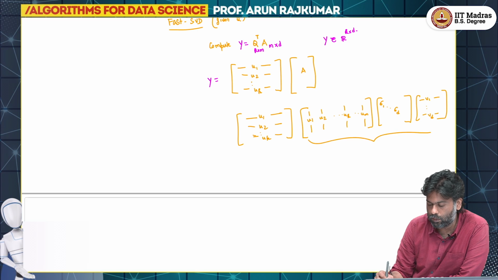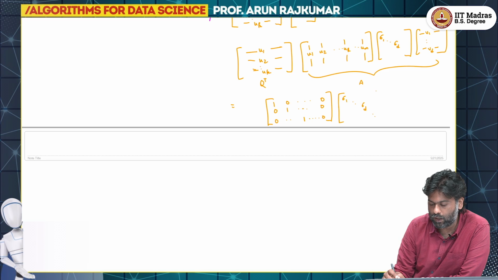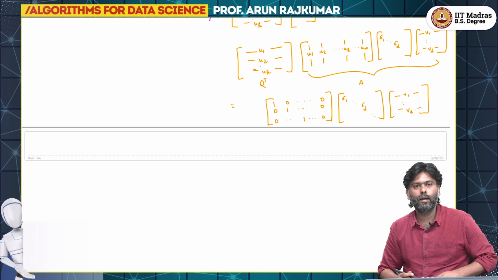This is my A. Now when I multiply it with Q transpose, when I dot product u1 with u1, I will get 1, but because this is an orthonormal set, if I do u1 times u2 or any other u, I am going to get zeros. Similarly, for u2, I will get 0, 1, etc., until for uk, I will get 0 up to the kth entry, I will get 1, and then everybody else is 0. This is the matrix that I will get, and then sigma 1, everything else remains the same.